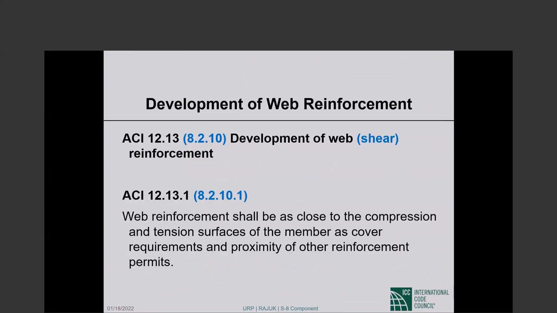Now, development of web reinforcement. This is the stirrups and things that you use. Now here, quite a bit of the provisions is devoted to welded wire reinforcement being used as stirrups or shear reinforcement.